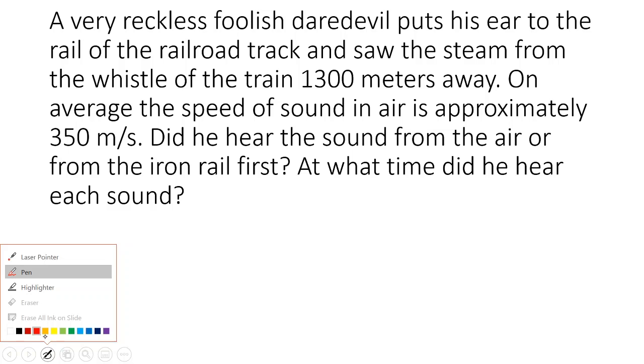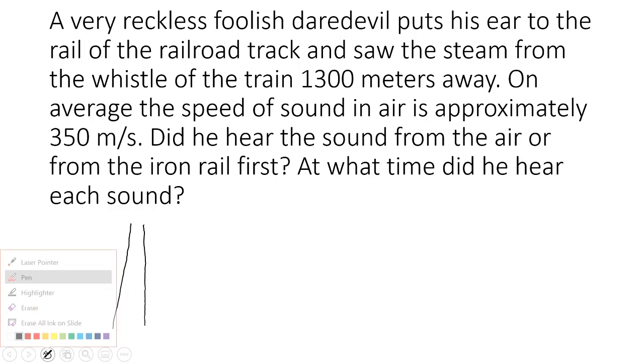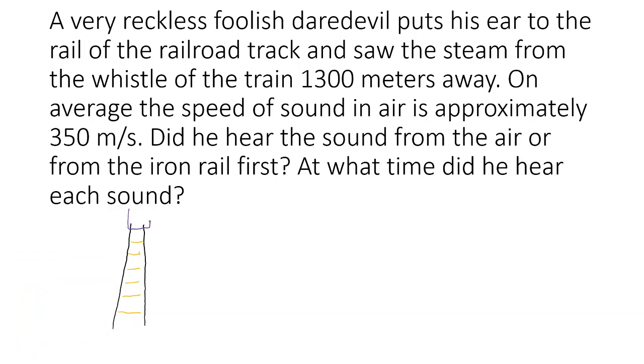So we've got a free body diagram. On our free body diagram, we have a set of railroad tracks with an oncoming train that's got some steam coming out of it. And chugga, chugga, chugga, choo, choo.